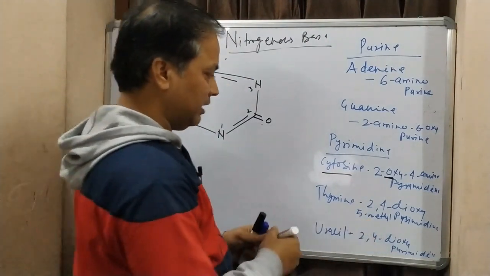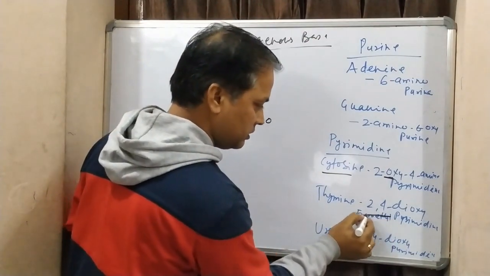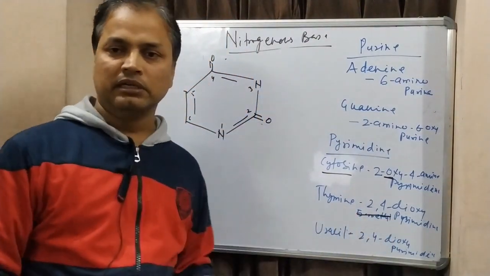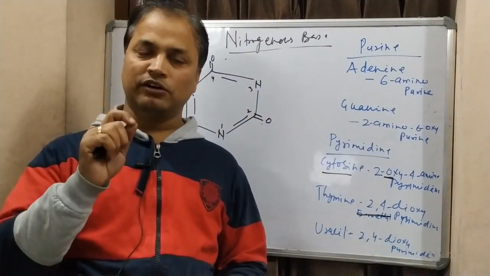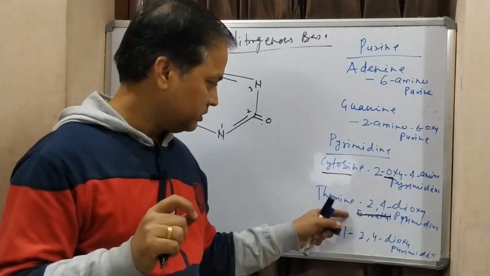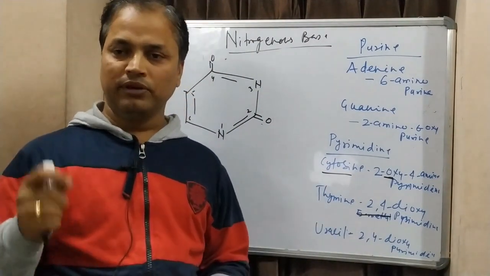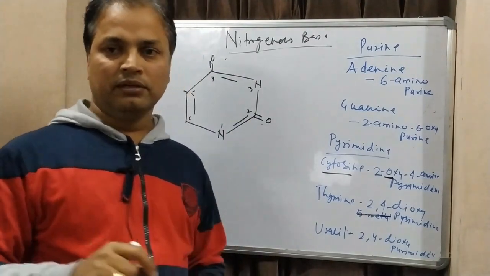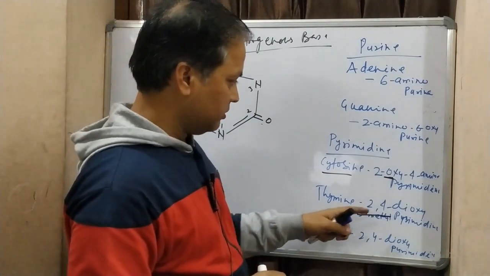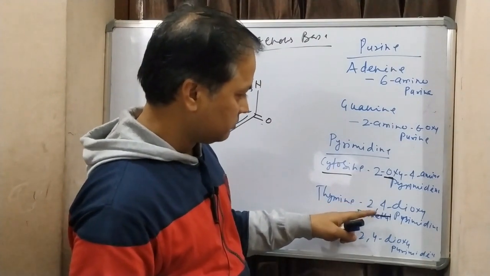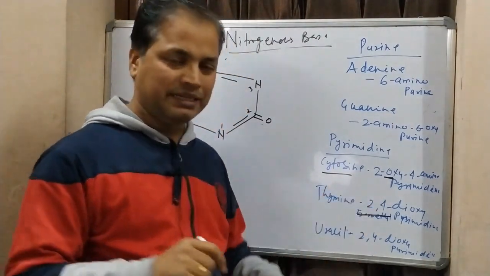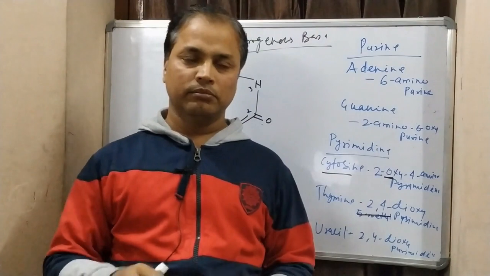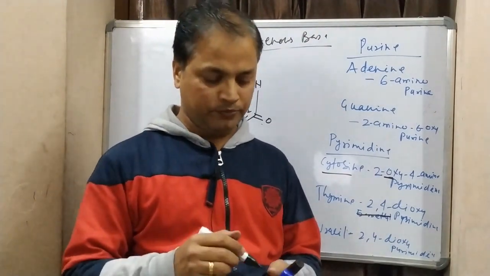If you remove the methyl group from thymine, you get uracil. So demethylation of thymine gives you uracil. You can interchange them by adding or removing a group.